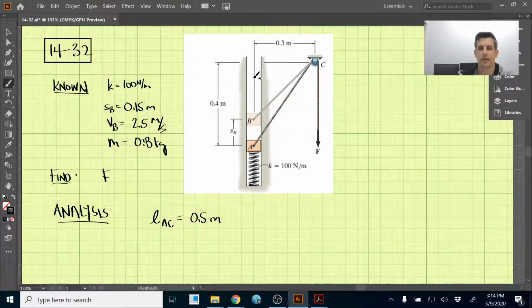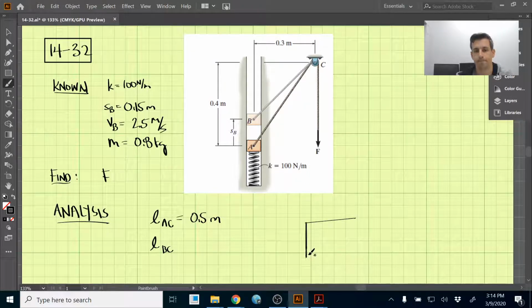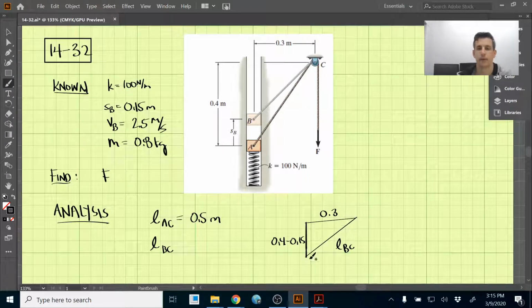Okay, so let's analyze then at state B. BC is what we're looking for, this length here. So if we draw out that triangle, this is 0.3, still this distance, and then this over here is 0.4 minus SB, which is 0.15, and LBC is the hypotenuse here.